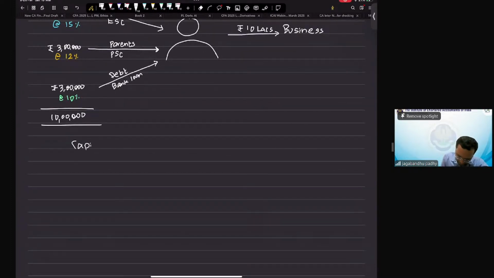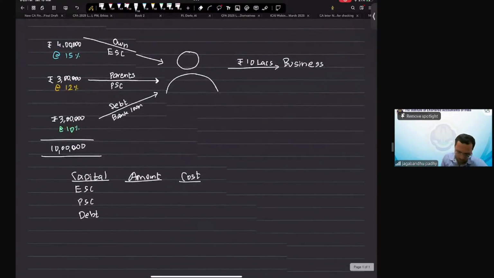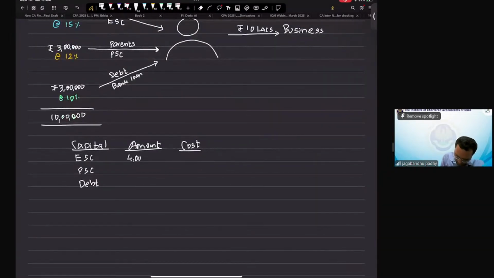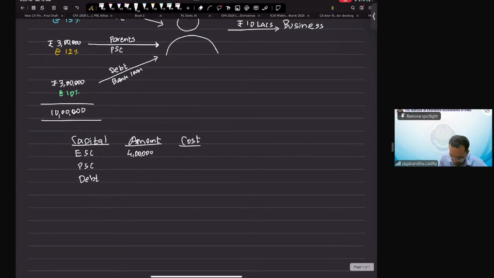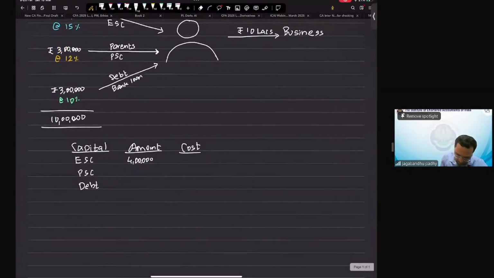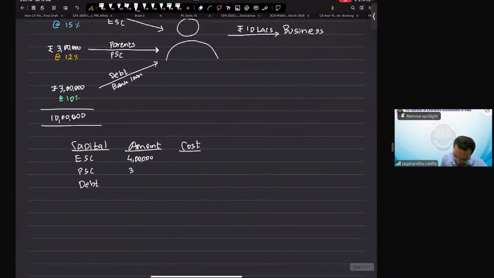Capital amount. Then I'll talk of cost. Capital is equity share capital, preference share capital, debentures. Amount is 4 lakh, 3 lakh, 3 lakh.